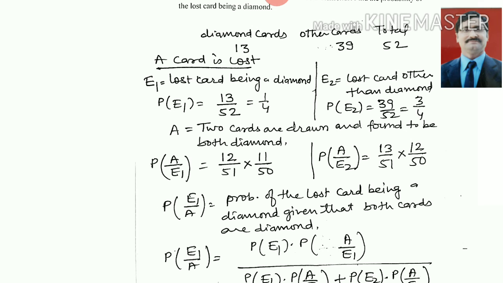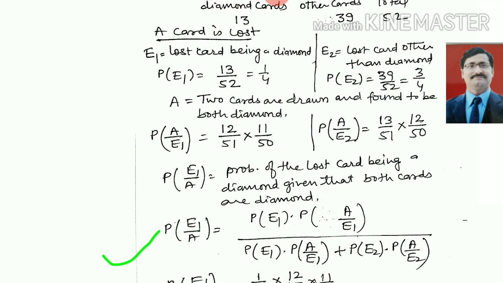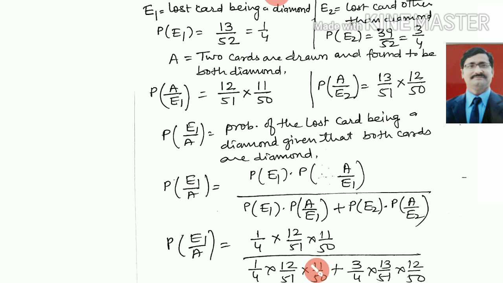Find the probability of the lost card being a diamond, given that both cards are diamonds. We already know the Bayes theorem formula: P(E1|A) is P(E1) into P(A|E1) upon P(E1) into P(A|E1) plus P(E2) into P(A|E2). Now put in all these values: P(E1) is 1/4, P(A|E1) is 12/51 into 11/50.